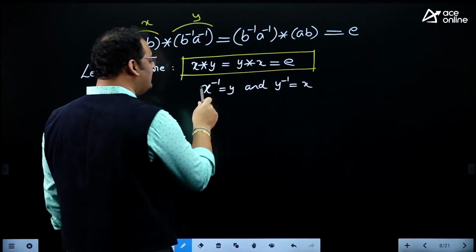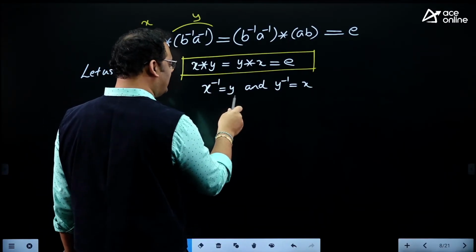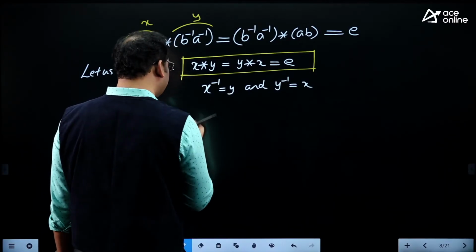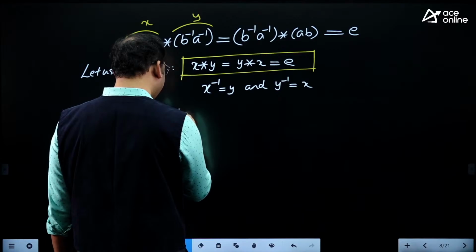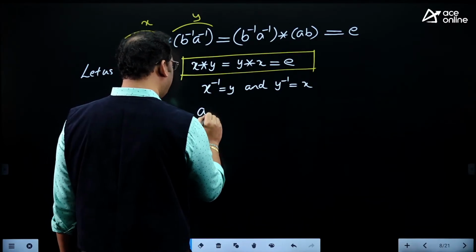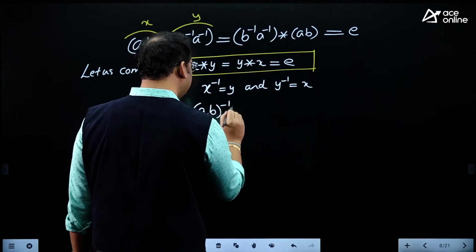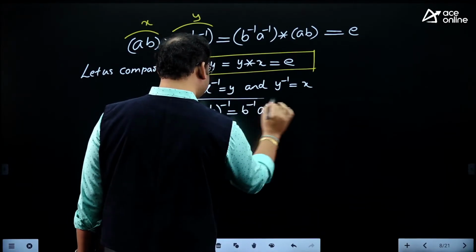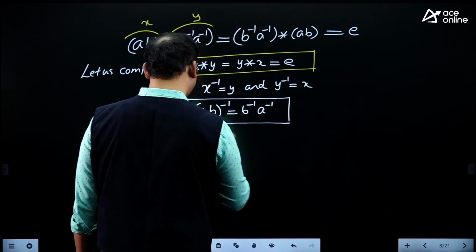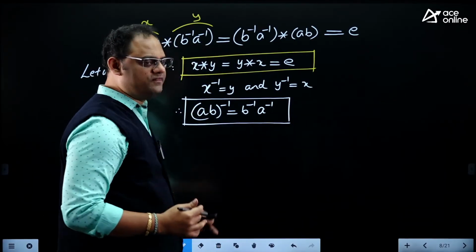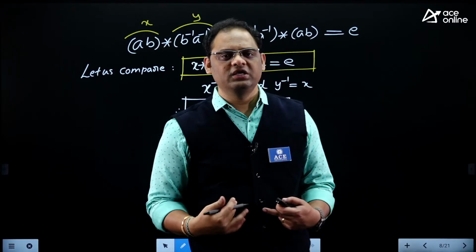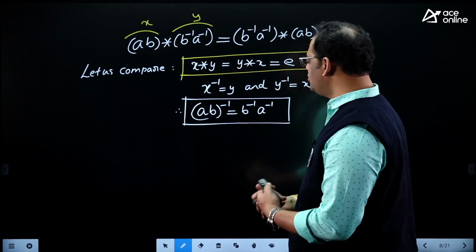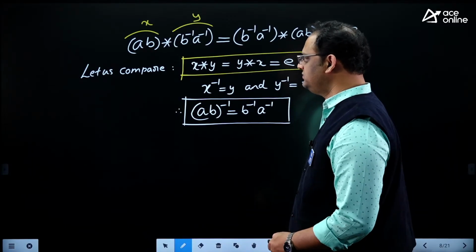So I can write X inverse is equal to Y. Here, (AB) whole inverse is equal to B inverse into A inverse. This is possible, my dear. The inverse of the product of the given two elements is nothing but the product of the inverses of the elements individually, taken in reverse order.